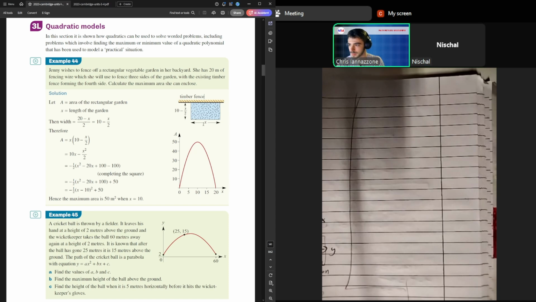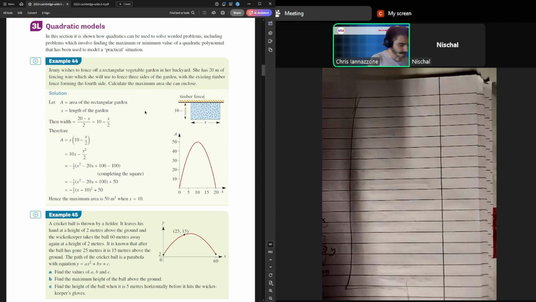Okay, so what they actually did here. What they've said is x is going to be the length of the garden. They had 20 meters in total, and a portion of that is going to go to x.